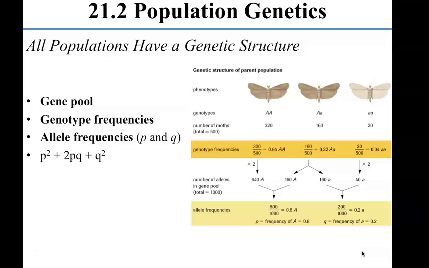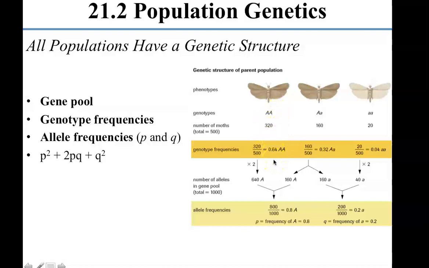And so that lets us also calculate the genotype frequencies and allele frequencies. Genotype frequencies are basically the percentages of individuals possessing each genotype. If you look at the picture here, we've got some moths. They sampled 500 moths, and of the 500, 320 of them were homozygous dominant.